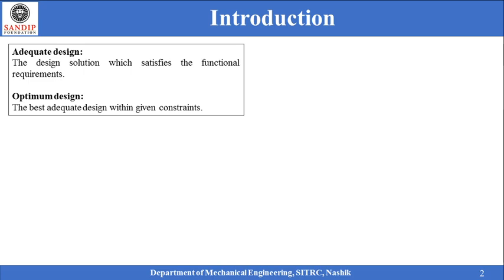If you choose any material, then all these designs are adequate. They will satisfy the functional requirement of that particular component. However, if there are some objectives, for example, a certain functional requirement has to be met, or the cost should be low, or weight should be low, then all designs will not be adequate. Only a few of them might be adequate, and only one of them will be the best, which will be called the optimum design.